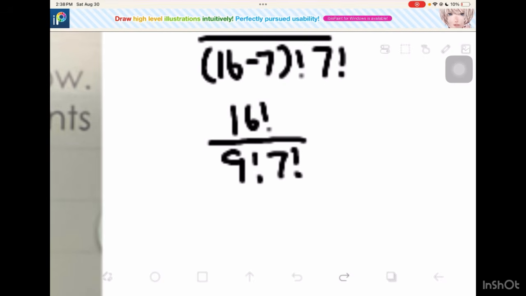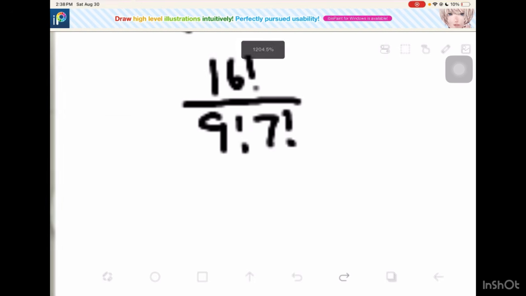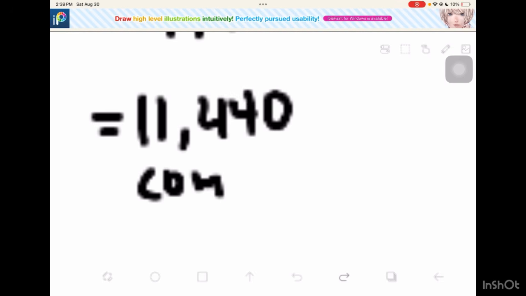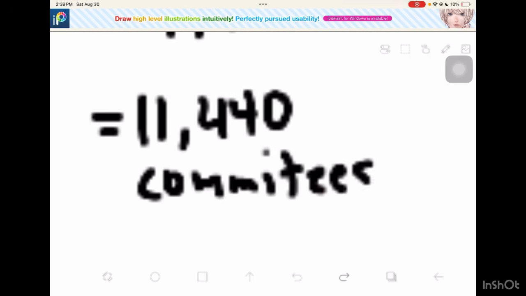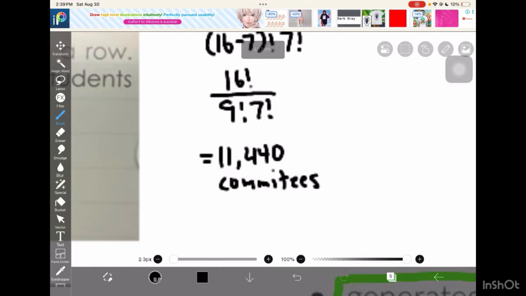Putting that in the calculator, 16 factorial divided by 9 factorial times 7 factorial is equal to 11,440. Let me just check. Okay, yep. 11,440 committees. And that's your answer for number 56.